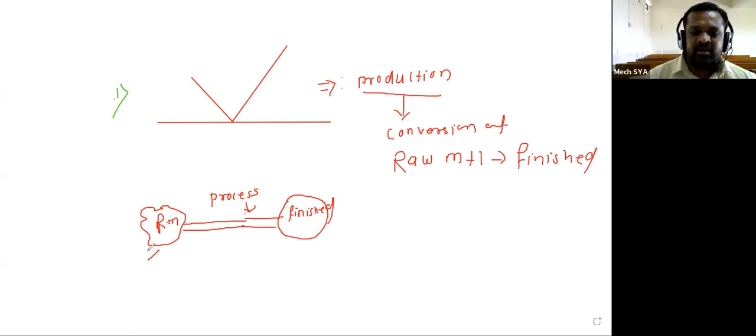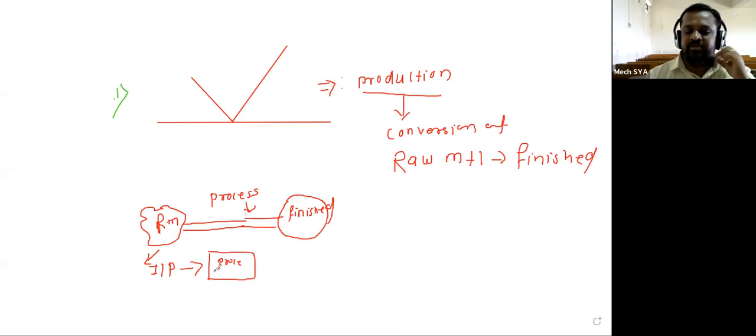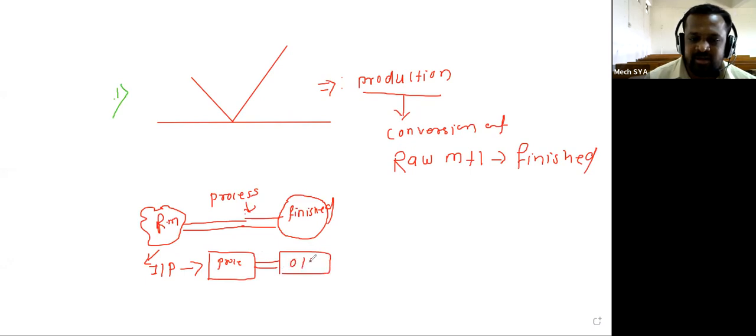That raw material is nothing but your input. On that input we are providing the process. That process may be a machining process, a casting process, a forging process, like this. And after the process, this raw material is converted into the finished product, which is your output. See, this is the production system.